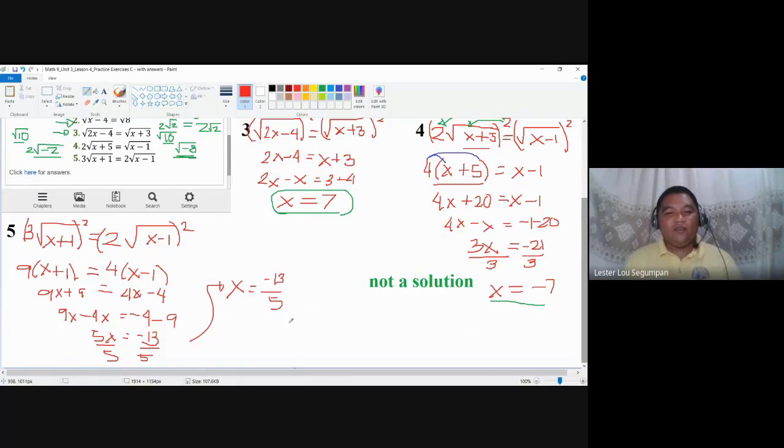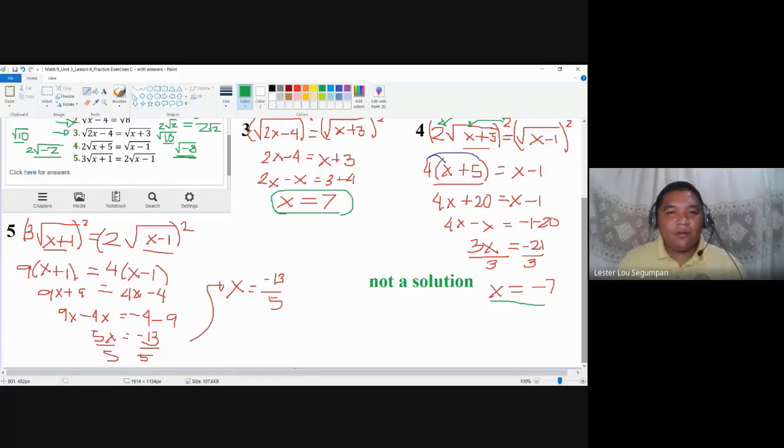But what can you note? What you have noticed here is that look at the values. The value of this one is approximately, in mixed fraction, negative 2 and 3 fifths. But if you substitute the value into any of the expressions here, it will be similar to number 4. We'll have no solution.